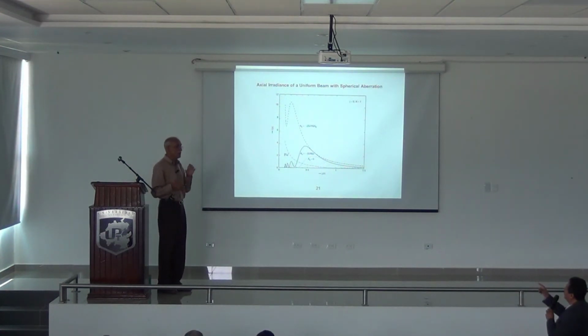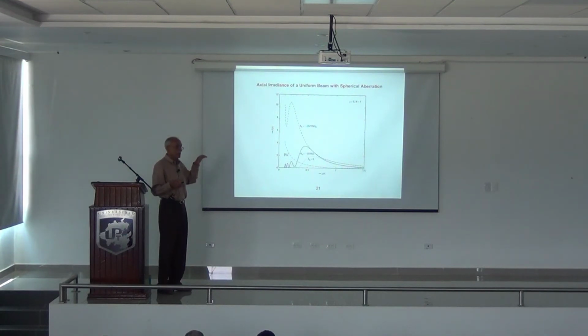No. I said uniform beam, meaning the beam is uniform at the pupil. If it's a laser beam, it could have a Gaussian profile at the pupil. As it propagates, it can have the same Gaussian form except it is expanding or contracting.